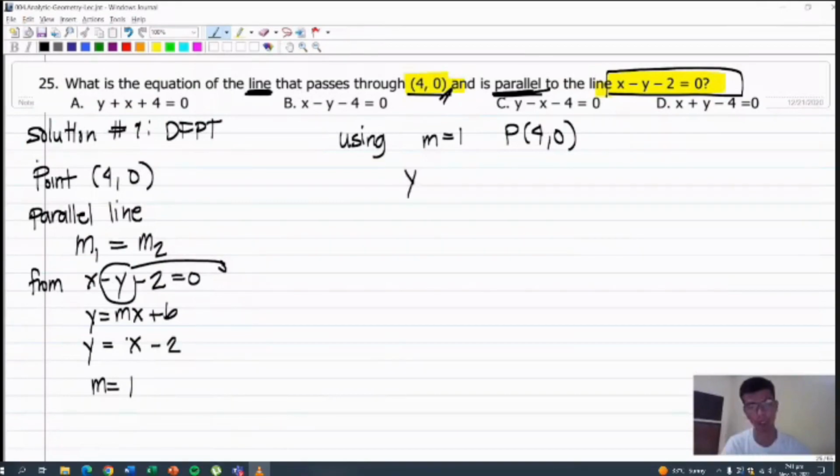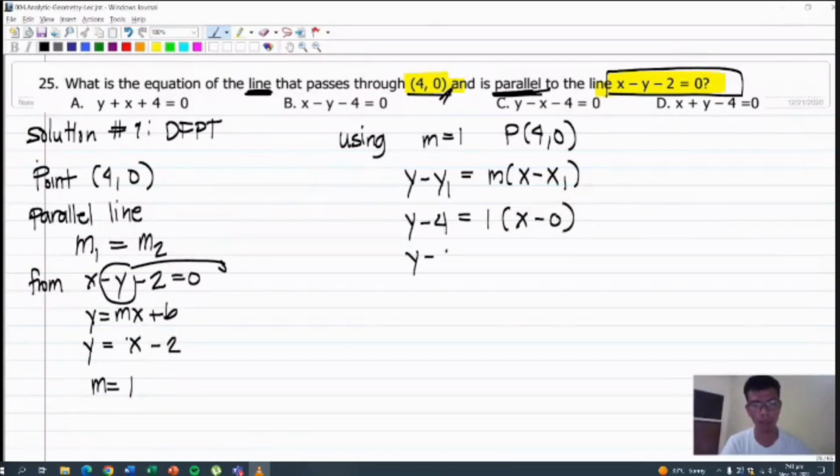point slope form. y minus y sub 1 is equal to m times x minus x sub 1. So, y minus 4 is equal to 1 times x minus 0. So, y minus 4 is equal to x.